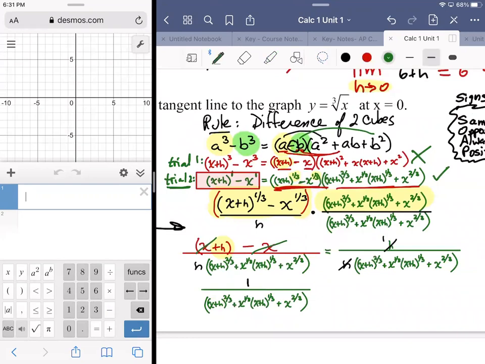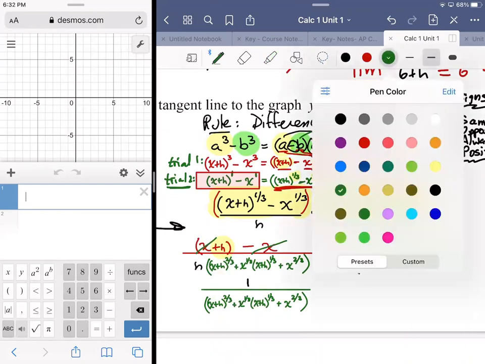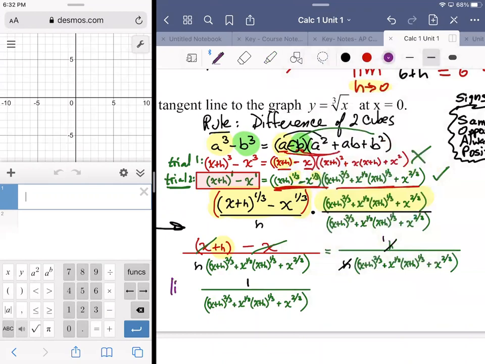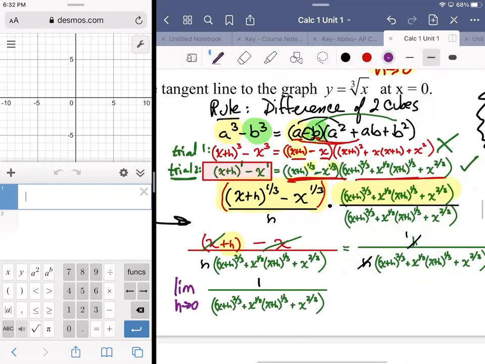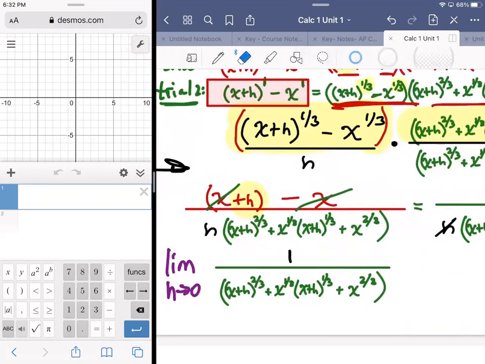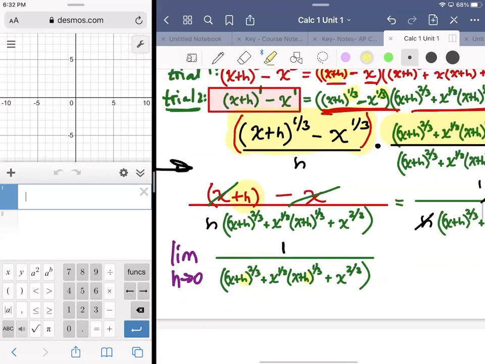Right, so now we have a slope of secant. It's hideous, but it's going to work, because we're going to find the limit as h approaches 0. We're going to replace every one of these h's with a 0, because it's not going to make it undefined or indeterminate. Each one of these h's gets replaced with a 0.